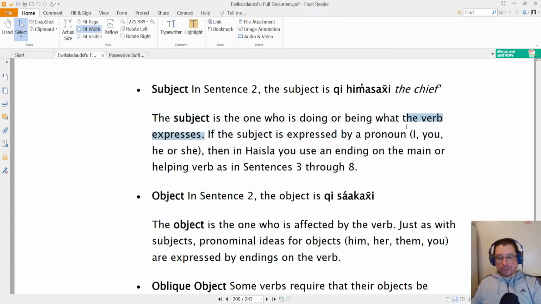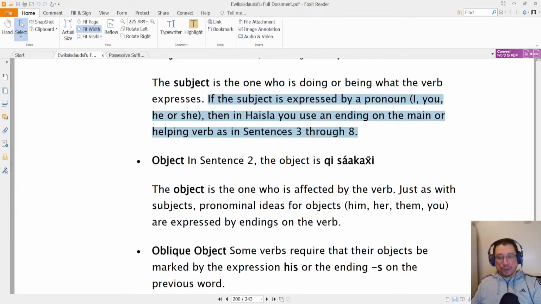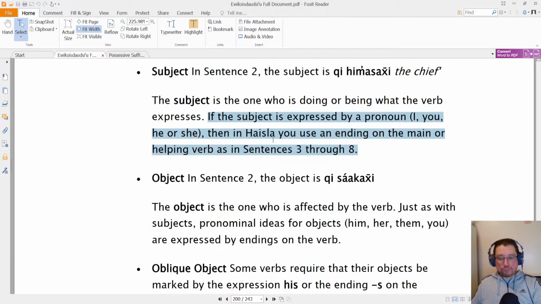If the subject is expressed by a pronoun, which is I, you, me, or he or she, then in isla you use an ending on the main or helping verb, as in sentences 3 through 8. And that's what's going to change when you change the subject. You're going to change that part there.